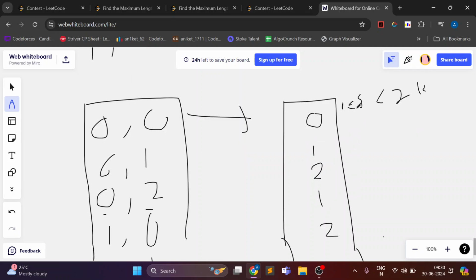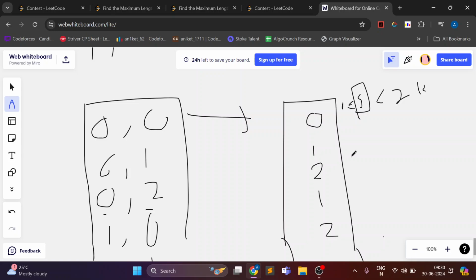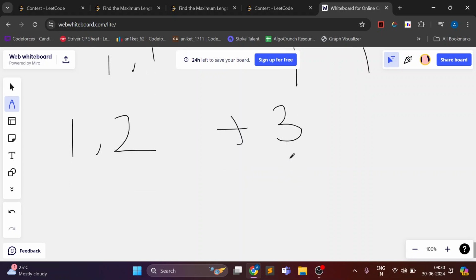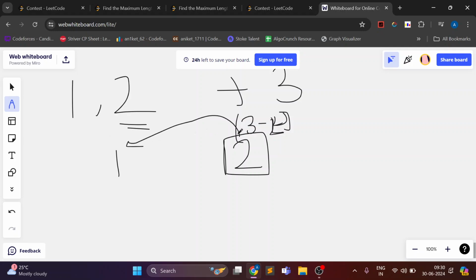Now for each sum we can calculate the maximum subsequence. How can we calculate that? So let's say for 1 and 2 the sum is 3. When I am at a state where the mod value with k is 2, I will find its previous, 3 minus 2, and I will store its previous index and create a state where I include it.